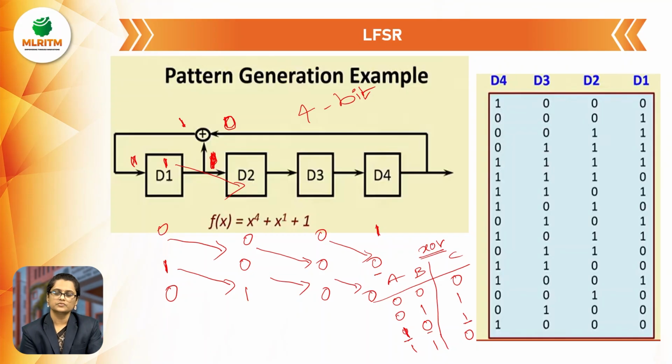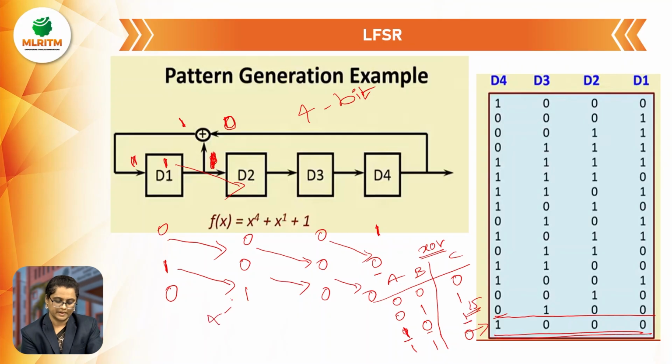Like this we can perform the operation up to 15 clock cycles. After the 16th clock cycle, we get the same input, whatever input we gave in the initial stage, 0001. So 0001 we get again after 15 cycles.